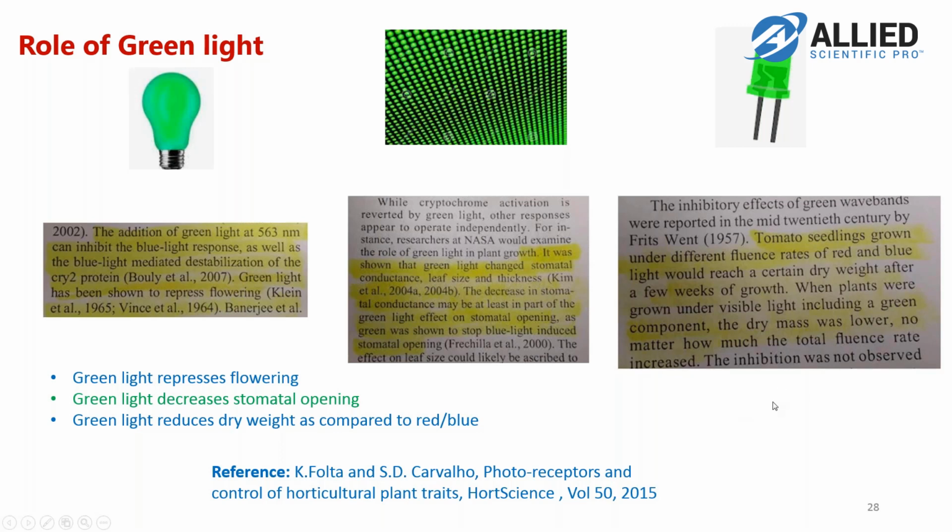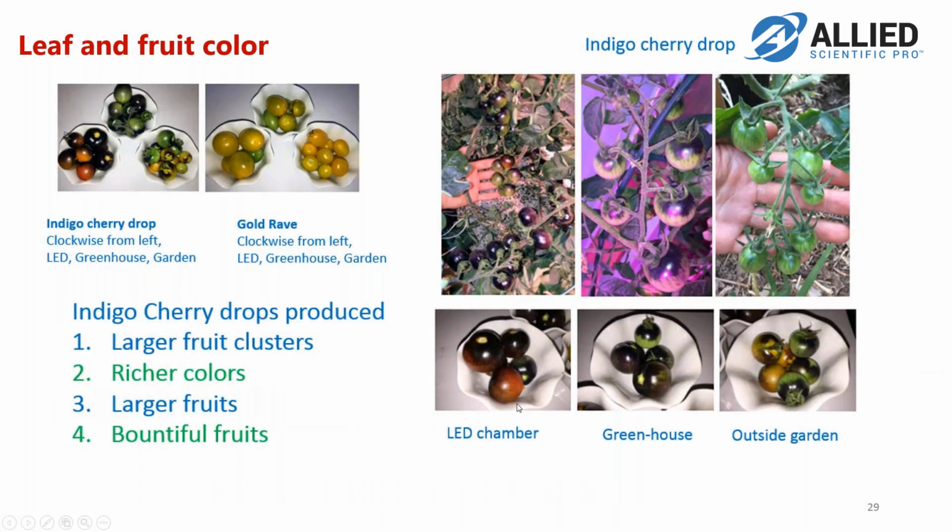So some of these effects are not desirable. I think particularly the fact that it will delay the vegetative process and will not transition to the flower, to the fruiting stage so easily. That's an undesirable effect.